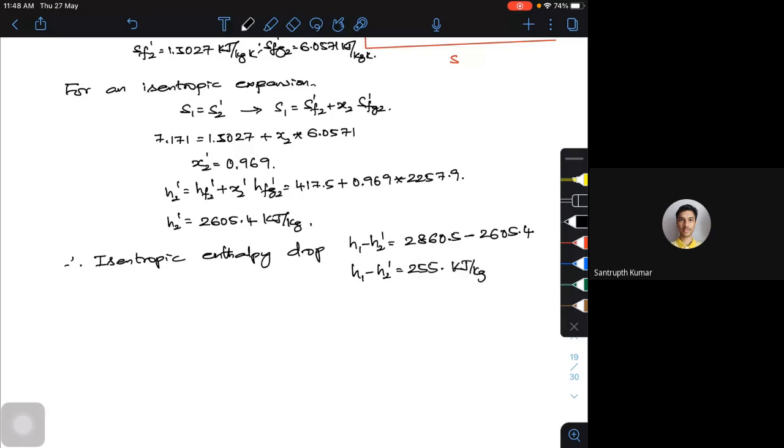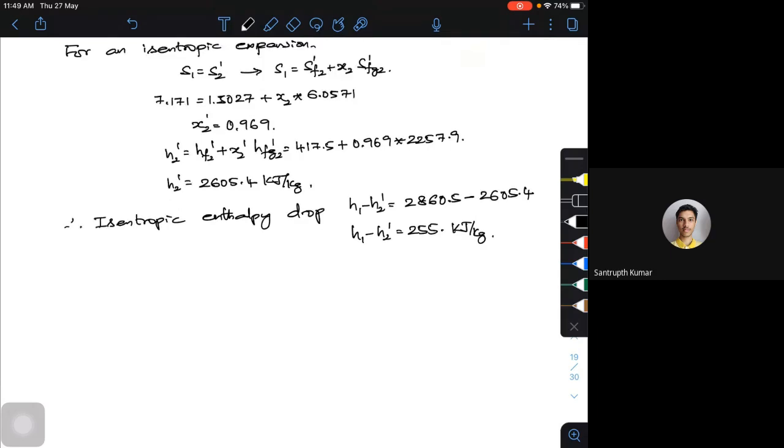So now we know the nozzle efficiency. The nozzle efficiency is equal to your actual enthalpy drop, that is H1 minus H2, divided by H1 minus H2 dash.